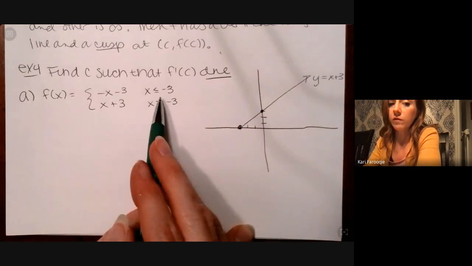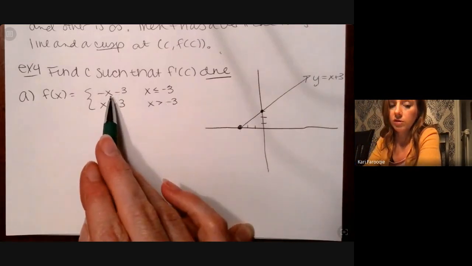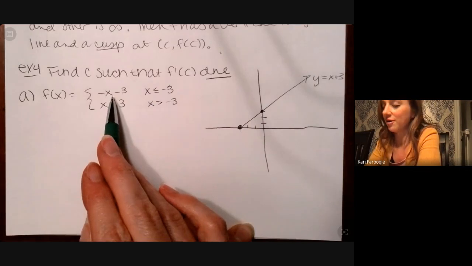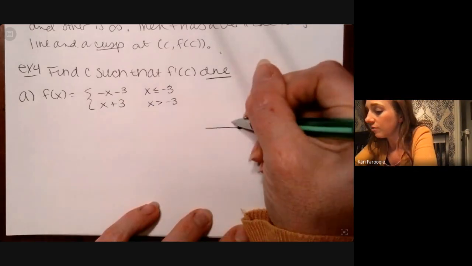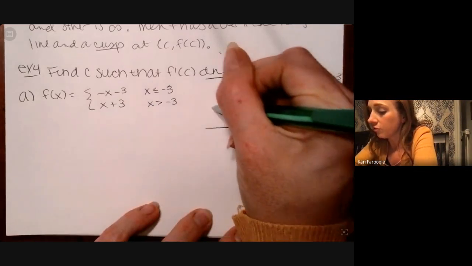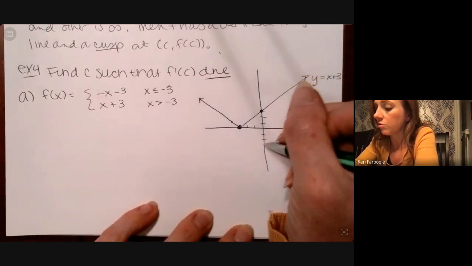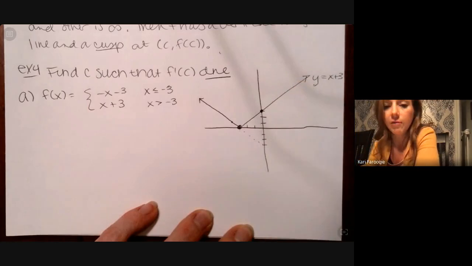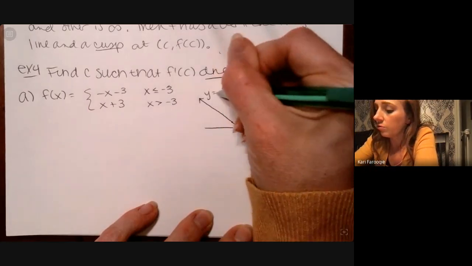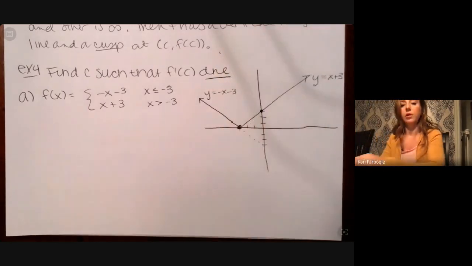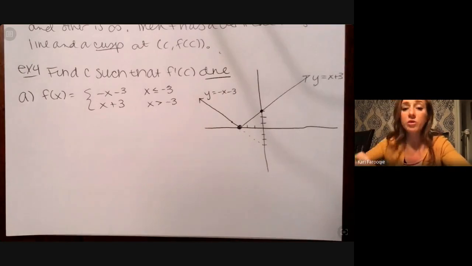If x equals negative 4, negative of negative 4 is 4, minus 3 is 1. So you can start to see you've got this slope of negative 1. The y-intercept is negative 3 if you were to actually take it down that way. And you have y equals negative x minus 3. Okay, that's what the graph looks like.